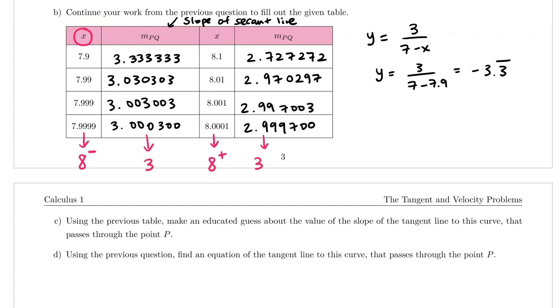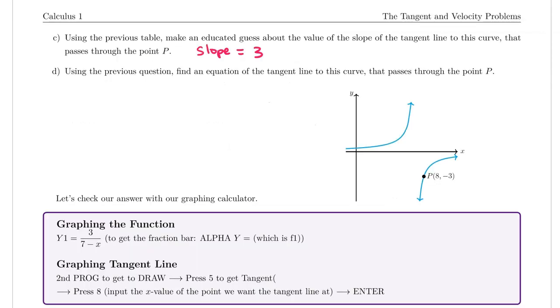So part C, I would make an educated guess to say that the slope of that tangent line that passes through the point P is equal to the number 3.